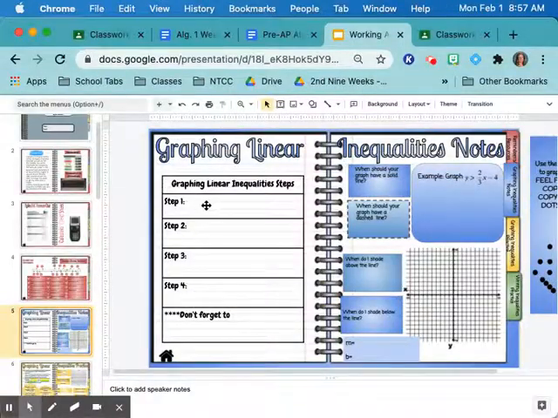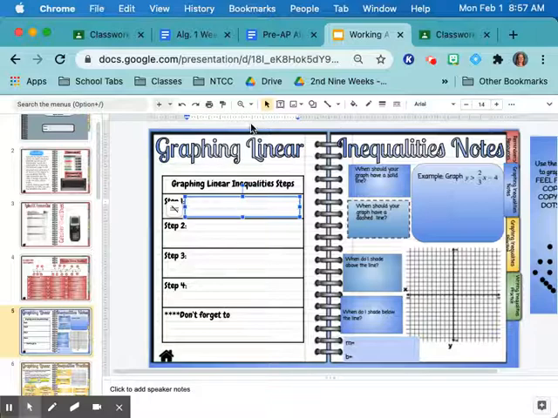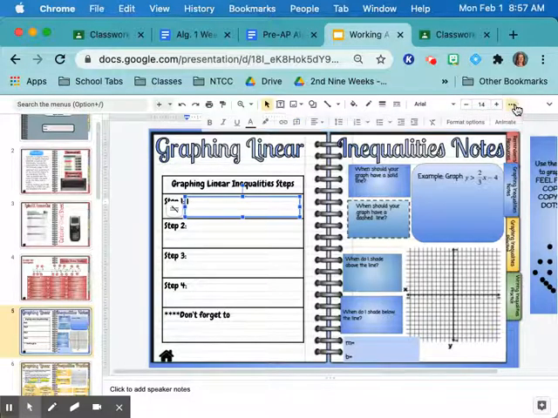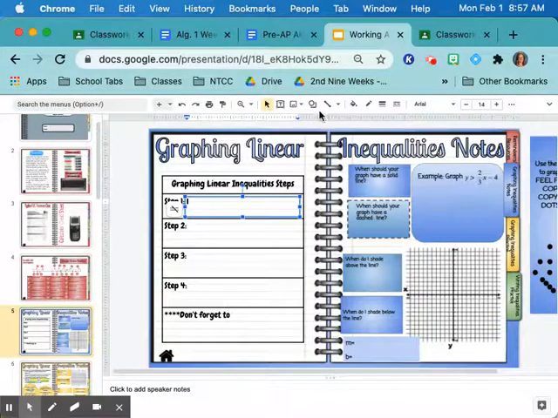Let's write our steps. Double click and you can get a text box there. Let me zoom in a little bit more.